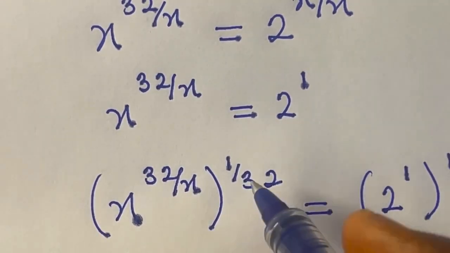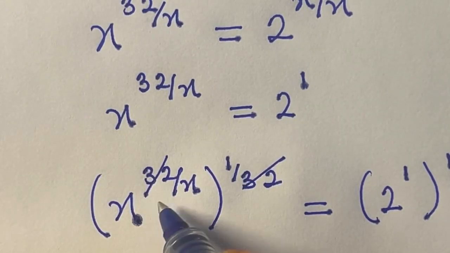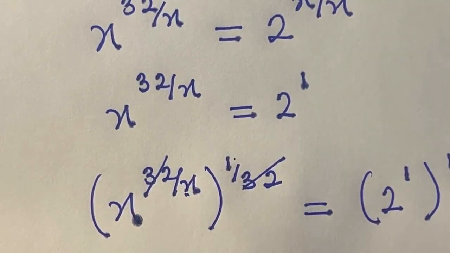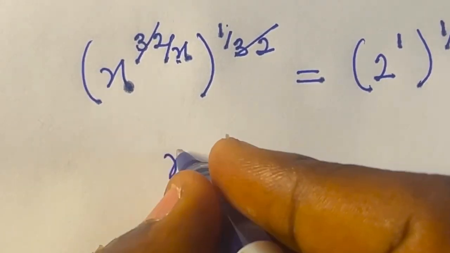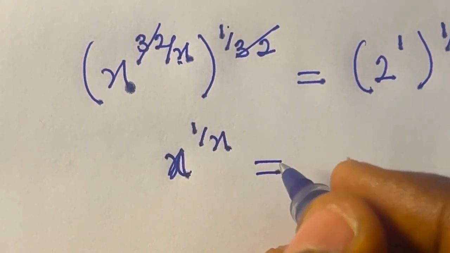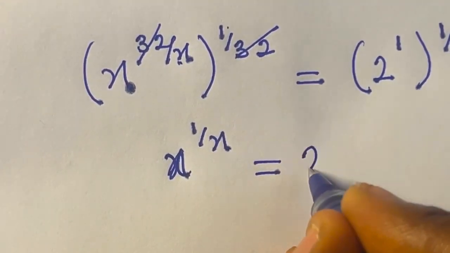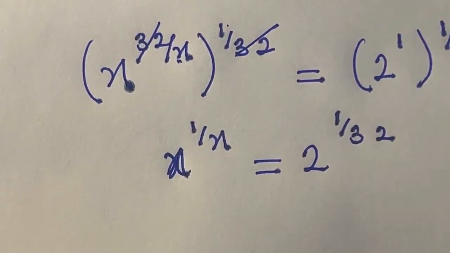All right, so now we cancel this. Like I said, we have x raised to power 1 over x equals 2 raised to power 1 divided by 32.